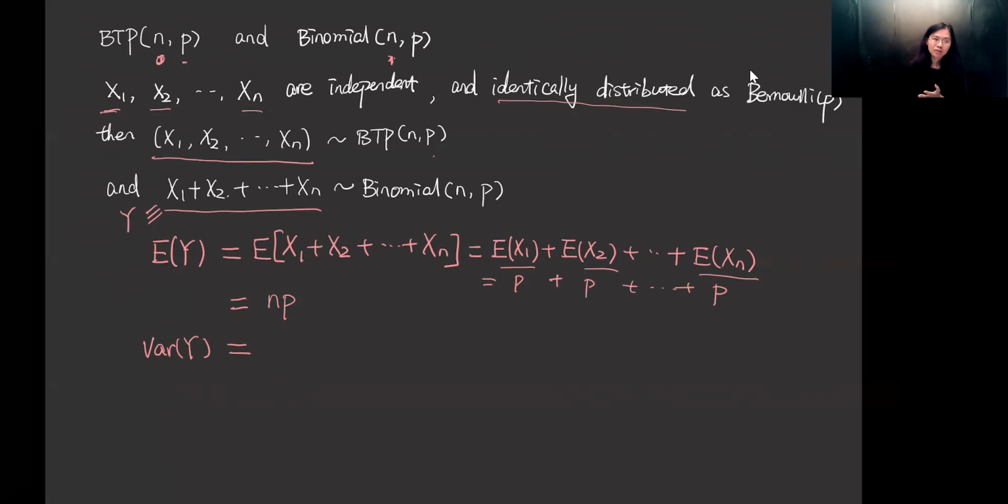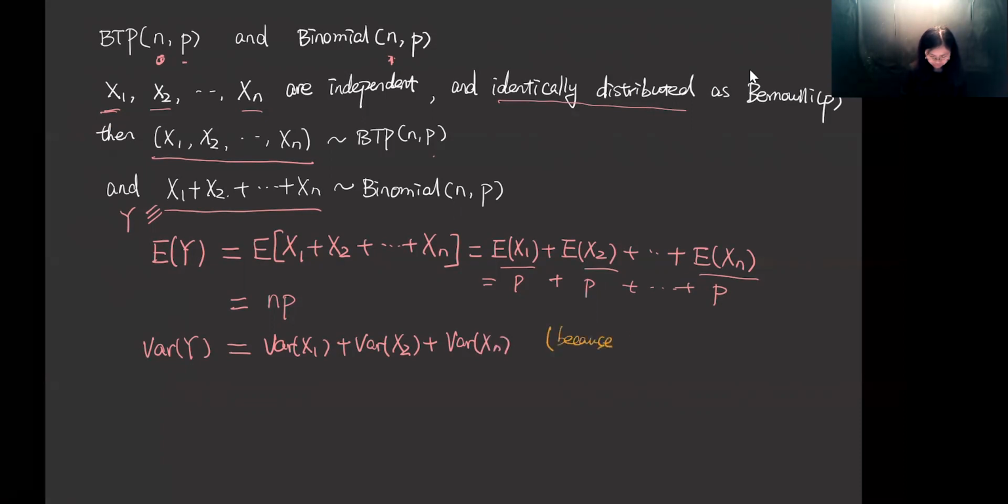So these X variables do not have correlation between them. Therefore, the variance of the sum equals the sum of the variances. This is because they are independent.